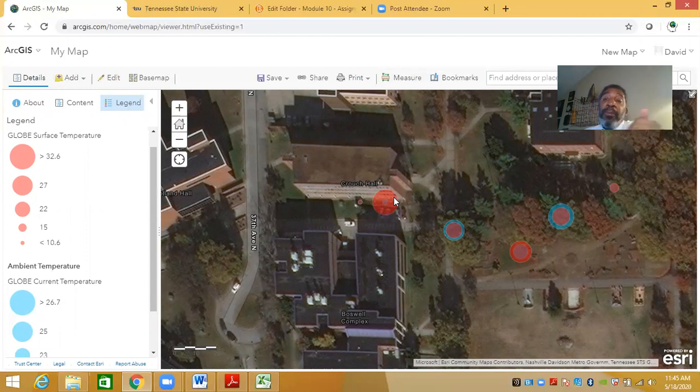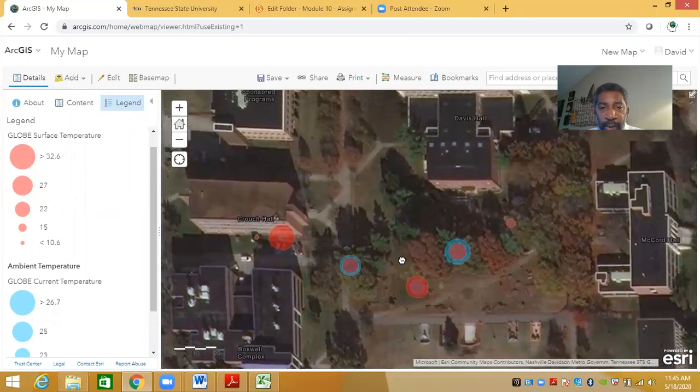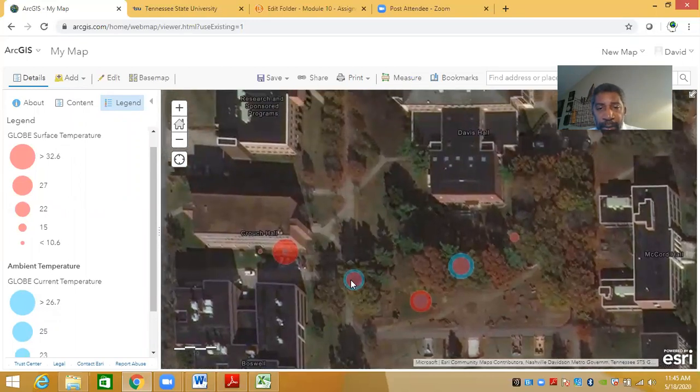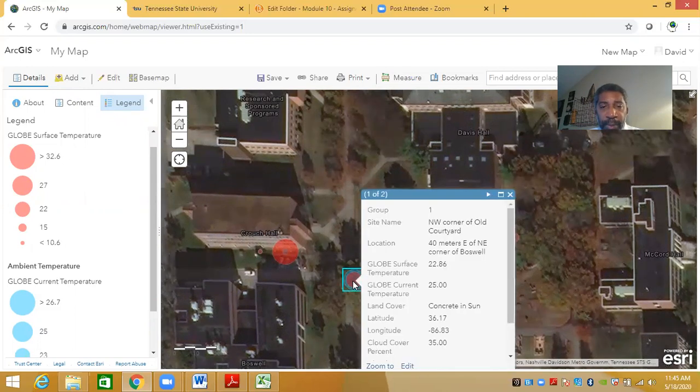Maybe what would happen if we turn that asphalt to a lighter color, say white, or some other lighter color? How would that affect that temperature differential? It might affect it quite substantially. On the other hand, if we go to this location here, notice in this case, there's a lower temperature. This is where we had the concrete in the sun.